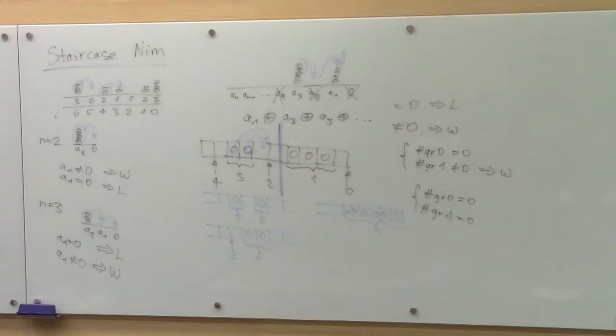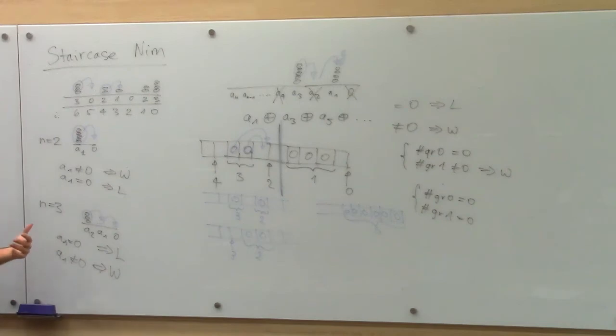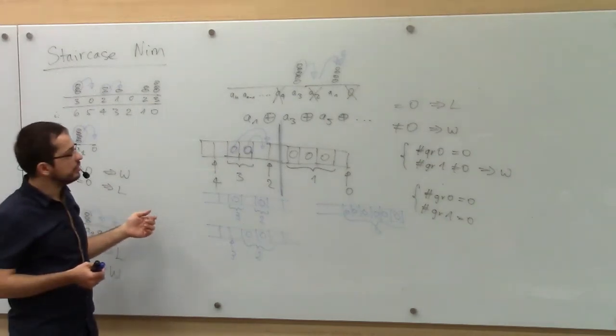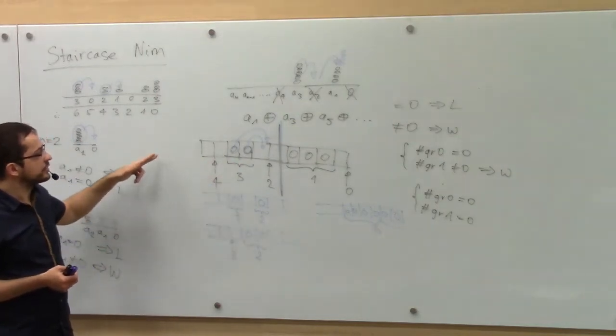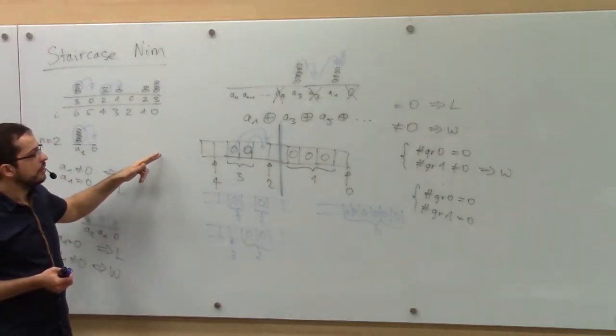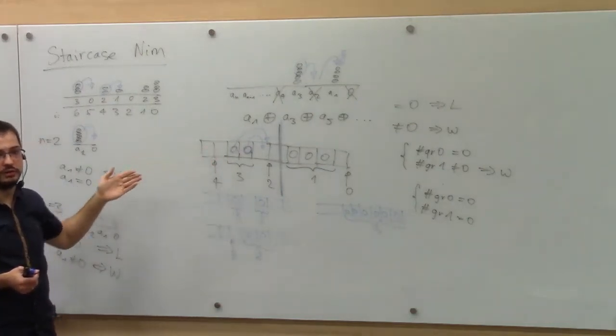So in order to see whether we have a winning strategy or losing strategy here, we just need to calculate the XOR of every group with the odd index.